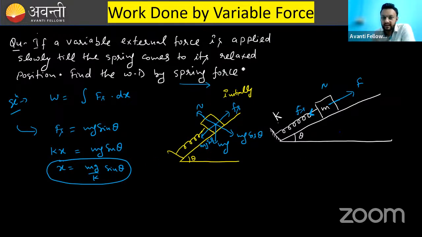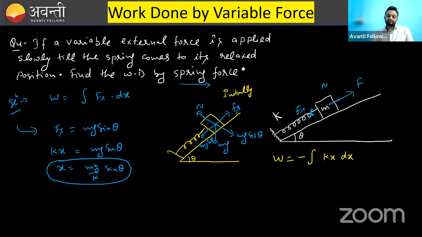Now going back to the original diagram, what we need to do is pull it upward. If we pull it upward, then the spring force will be downward. So now if I calculate the work done by the spring force, W is equal to the integration of spring force, which is again kx, times displacement dx, and there will be a minus sign because displacement is upward, spring force is downward, so cos 180 is minus 1.